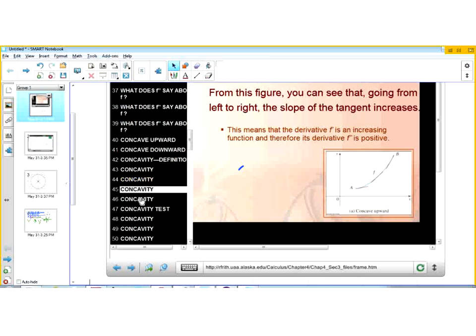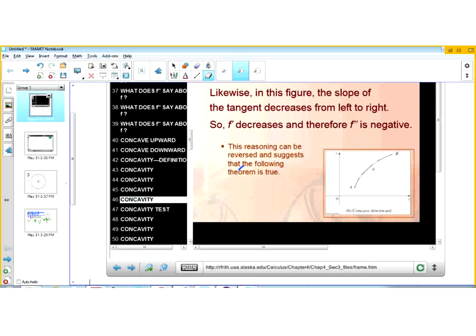So we can anticipate that the next frame will probably talk about concave down. In this figure, the slope of the tangent decreases from left to right. So f prime decreases, and therefore f double prime is negative.